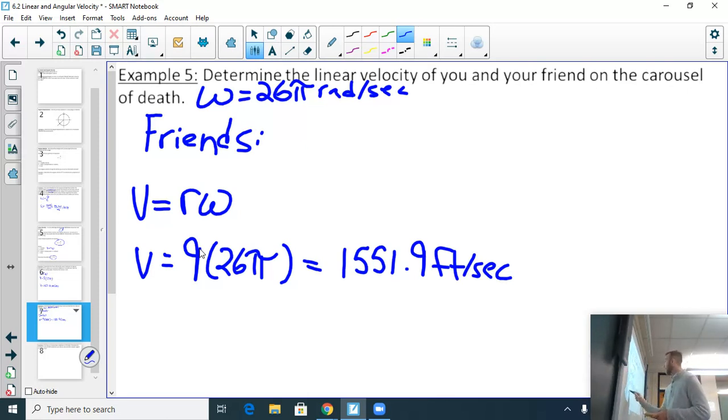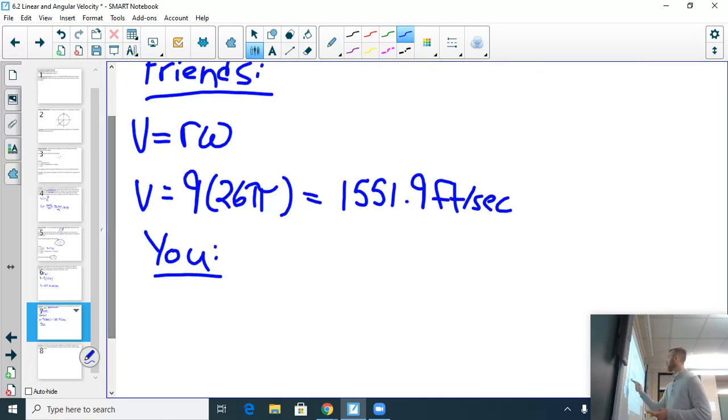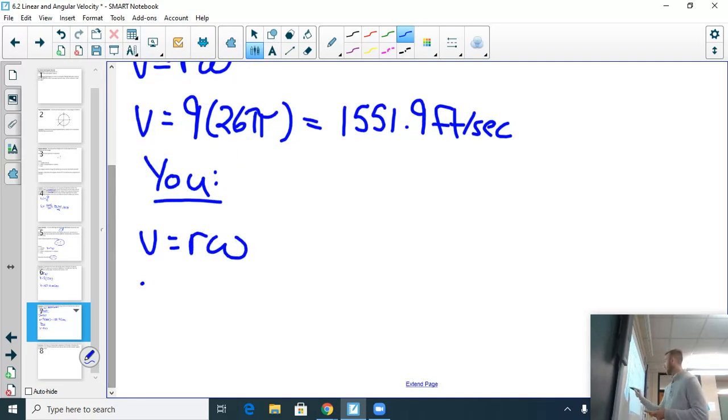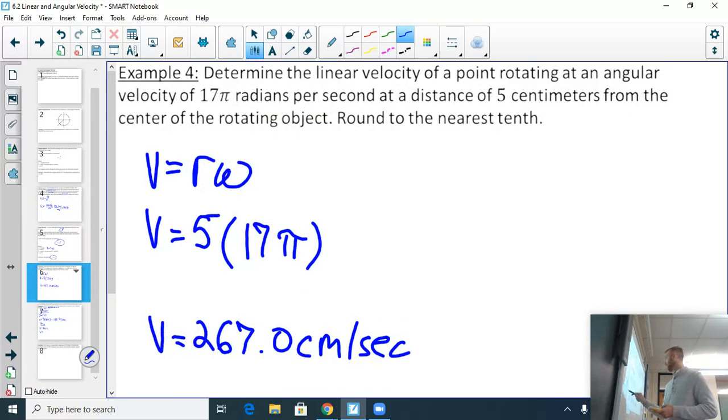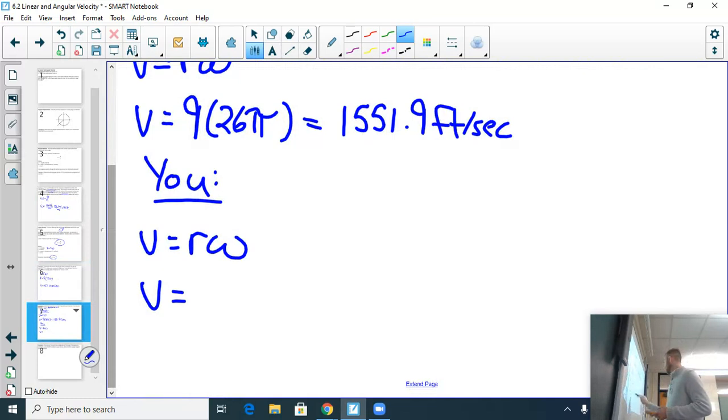And then same thing, v equals the radius times omega, and I think it said you were 35 feet away. Yeah, 35 feet away. So 35, and then your omega is the same, 26 pi.